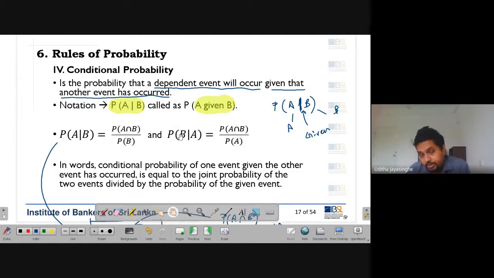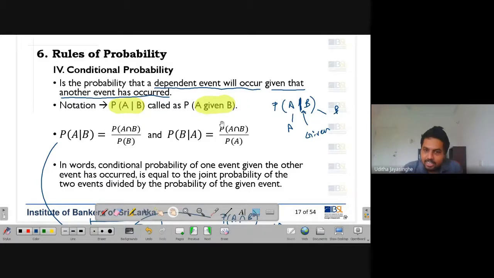On the other side, I can argue something like this: what's the probability that it's going to rain tomorrow, provided that I have an umbrella in my bag? These two are going to give you two different probability numbers. Don't forget the fact that it's not going to be the same number.